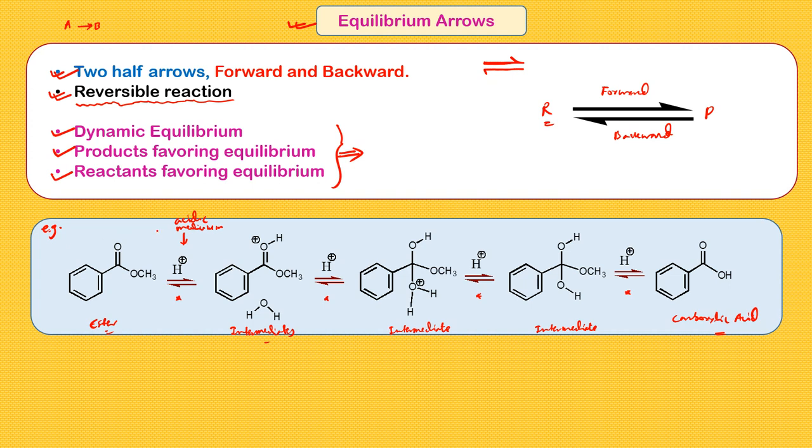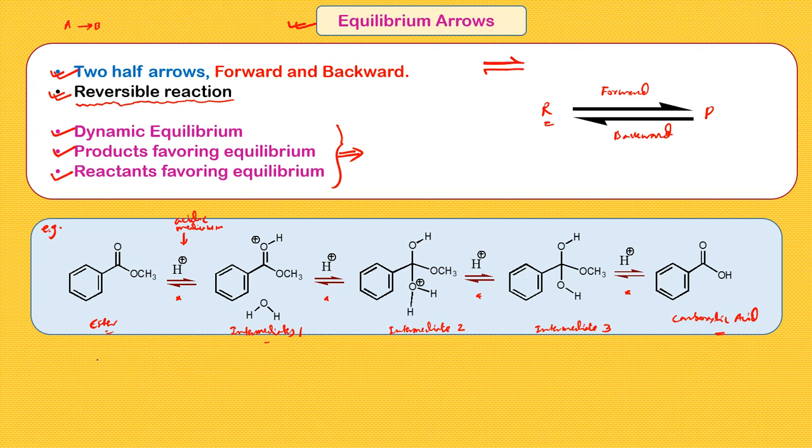What is the meaning of this equilibrium arrow? As the ester is forming the different intermediates, these intermediates are able to convert again to the ester. For example, this is intermediate 1, intermediate 2, and intermediate 3. These intermediates, 1, 2, 3, have equal probability that they can interconvert in this acidic medium.